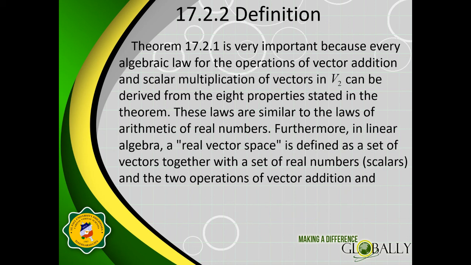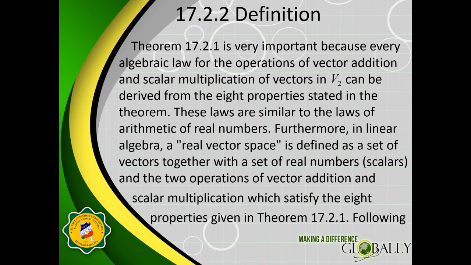Furthermore, in linear algebra, a real vector space is defined as a set of vectors together with a set of real number scalars, and the two operations of vector addition and scalar multiplication, which satisfy the properties given in theorem 17.21. Following is the formal definition.